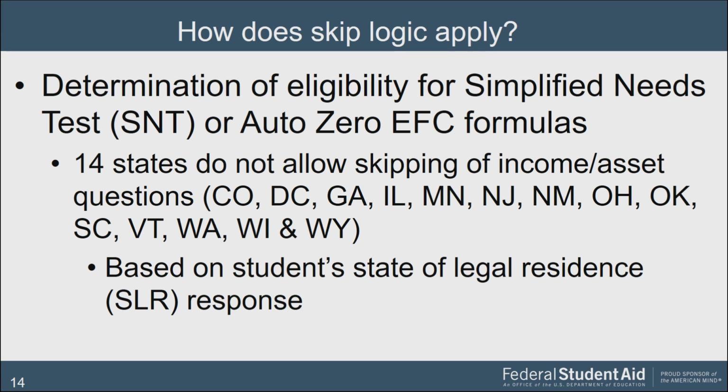If the student reports their state of legal residence as one of the states that's listed on this slide, even though the CPS will not consider the answers to a whole group of questions, those states require that we collect the answers to those questions. So whether or not somebody is able to experience that simplified application online is dependent upon their state of legal residence. So that's very important.